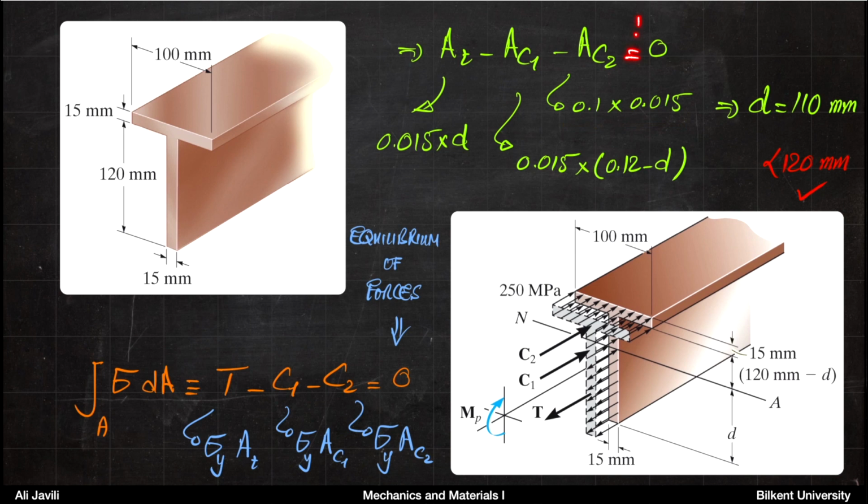And if you set that to 0, because it's your equilibrium, then you would get D equals 110 millimeters, which is indeed less than 120. So basically your neutral axis would be somewhere here, fairly close to the upper part, but 110 millimeters from the bottom.